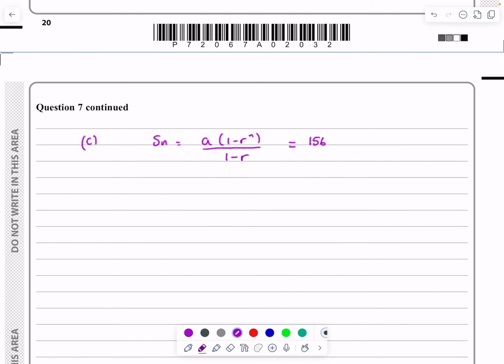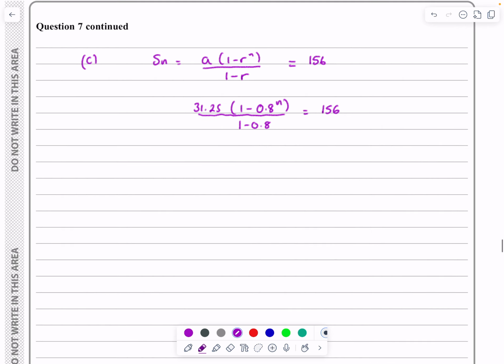So if that's the case, we've got 31.25 times 1 minus 0.8 to the n, all over 1 minus 0.8, equal to 156. And I'm going to be able to solve this. I'll need to do some log work in a second. On the bottom, I've got 0.2 there.